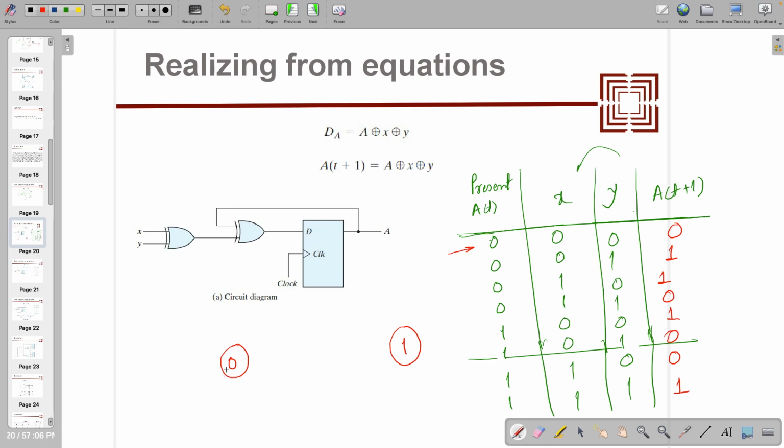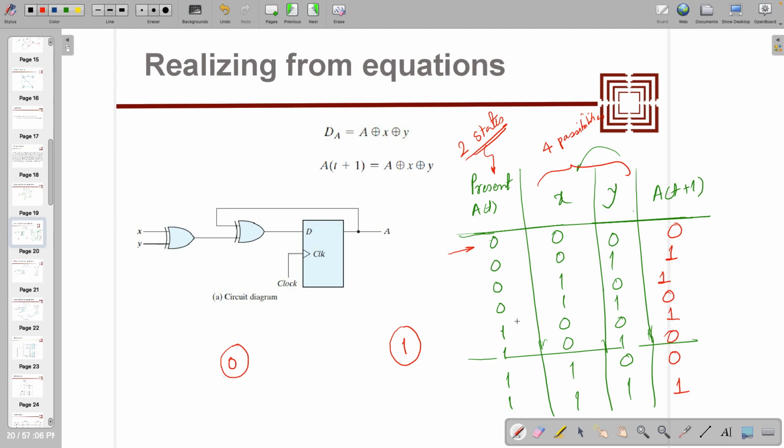So you need to write down accordingly. As I was mentioning last time, when you have two inputs, two inputs give you four possibilities. Only one flip-flop will give you two states. So, two states are 0 and 1.